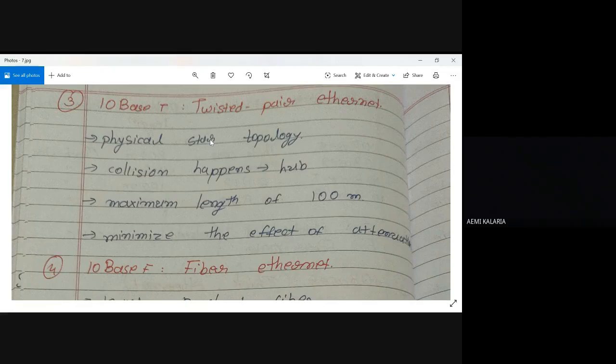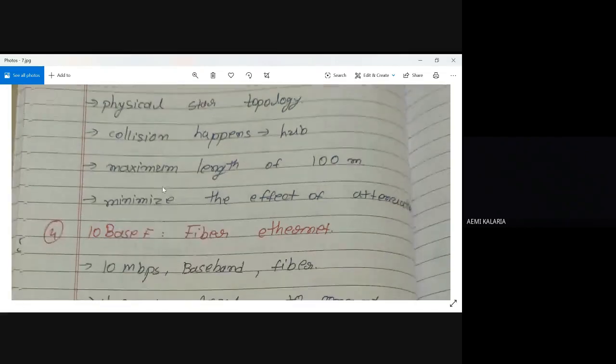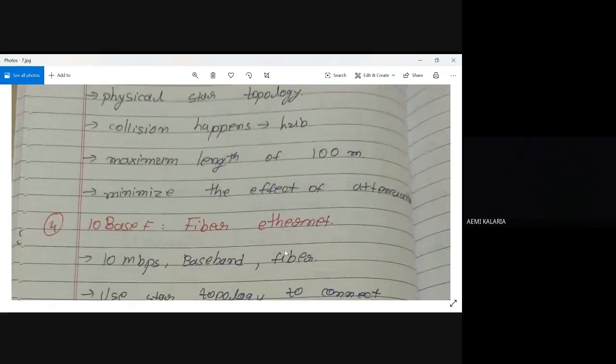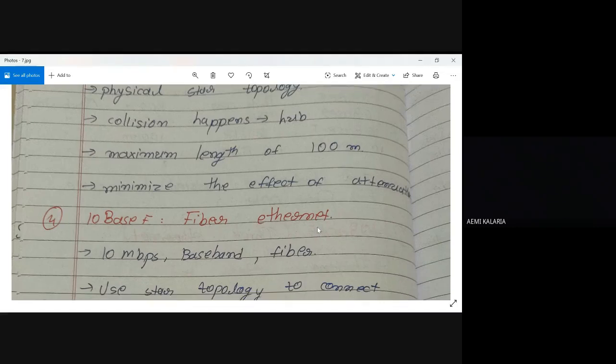The maximum length is 100 meters only, but quality is good whenever we use twisted pair or optical fiber as a cable. It minimizes the effect of attenuation. 100 meters is there, but still attenuation is less because speed is more, or I can say the energy of my signal is more. Now the next one is 10BaseF.